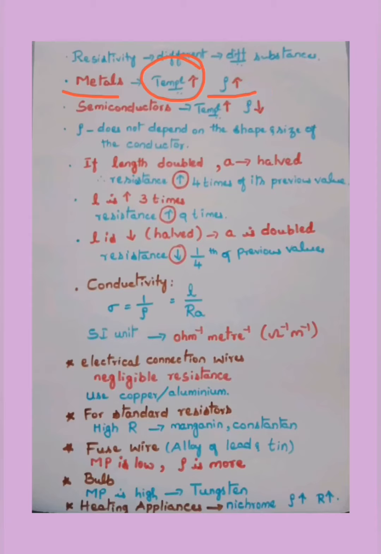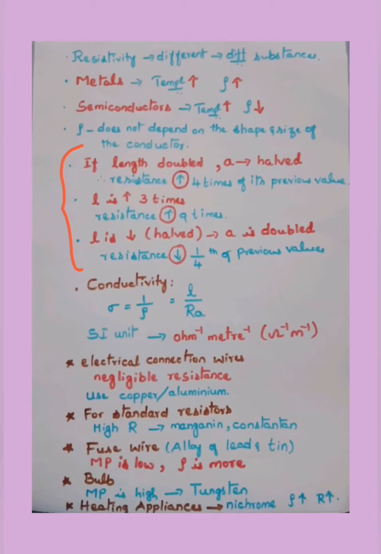For metals, the resistivity increases with raising the temperature. But for semiconductors, when the temperature increases, resistivity decreases. Note down this point. And this resistivity does not depend on the shape and size of the conductor which you choose. Okay. And here there are three more important points related to this resistivity.